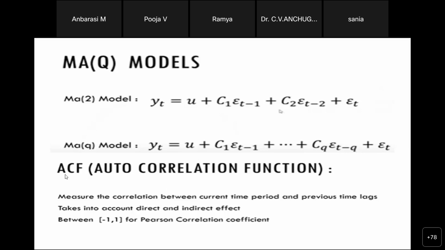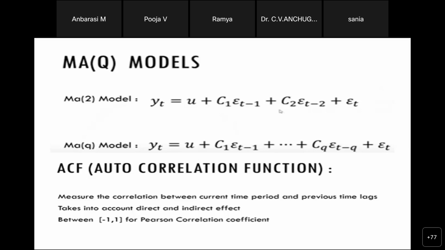Generally for moving average, they find the autocorrelation function, because for what purpose do we go for correlation? Among the attributes, we have to find how closely one attribute is related to another attribute.